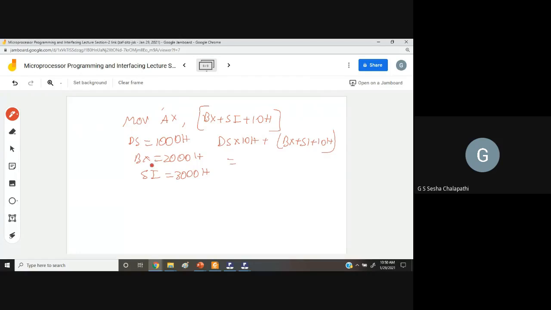That will become 10000H plus 2000H plus 3000H plus 10H. So this will become 15110H. It will go to this particular location, 15110H and 15111H.